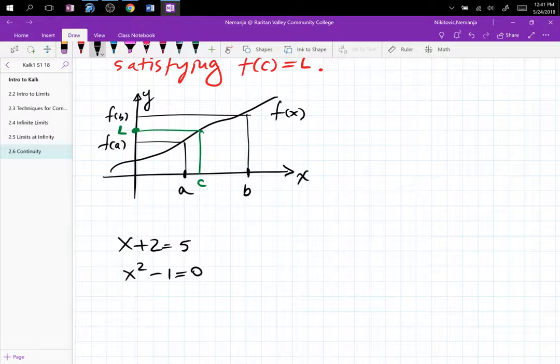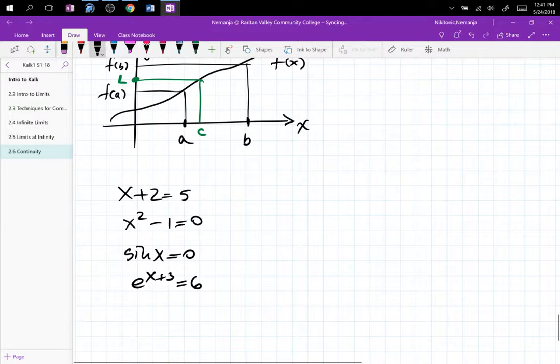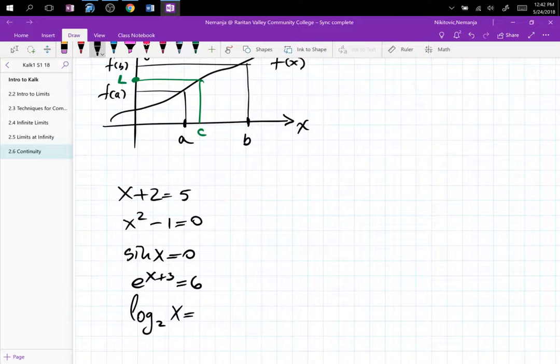Okay, fine. Factor, set equal to 0, positive and negative 1. There is equation sine x equals 0. There is e to the x plus 3 equals 6, right? All of these you can solve by hand. Even log base 2 of x is equal to whatever, 9, right? So you can solve these equations using algebra.